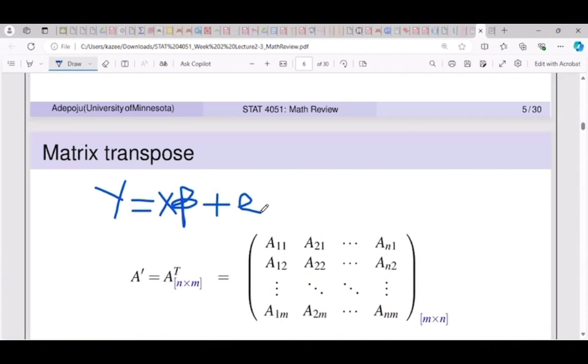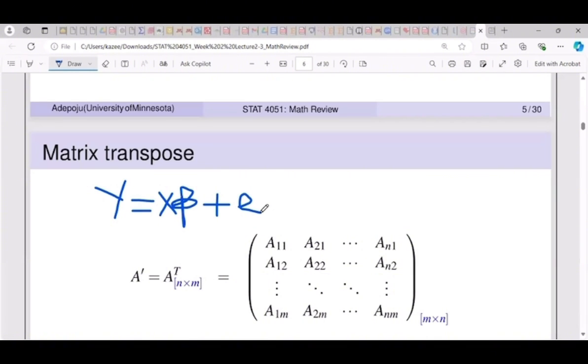The y is a vector. Y represents the response. X is a design matrix. And beta that you see is actually going to be a vector, from beta 0 to beta 1 up to beta k, that we call regression coefficients. And of course e is the error.